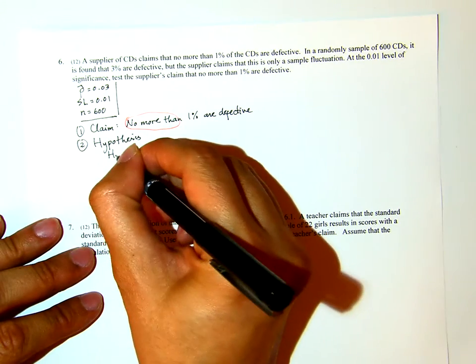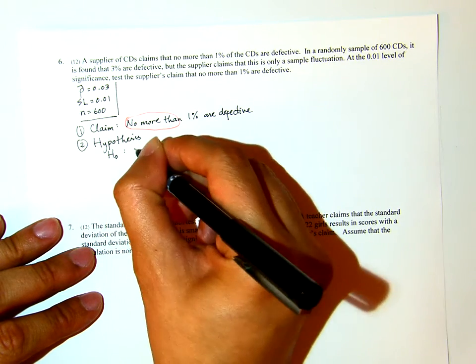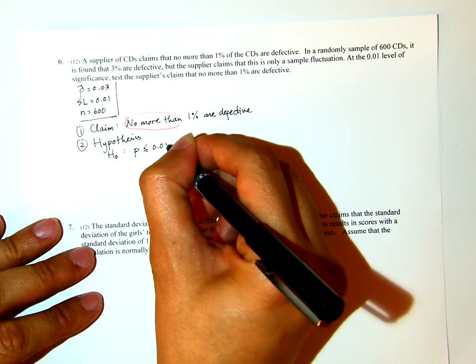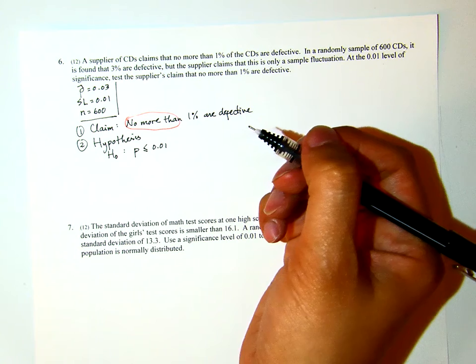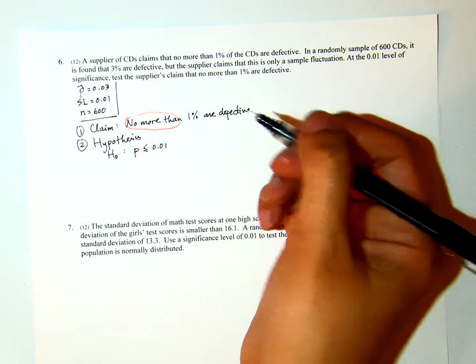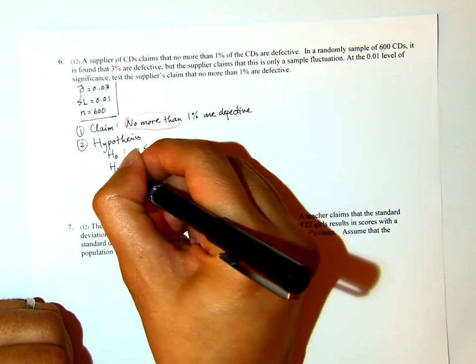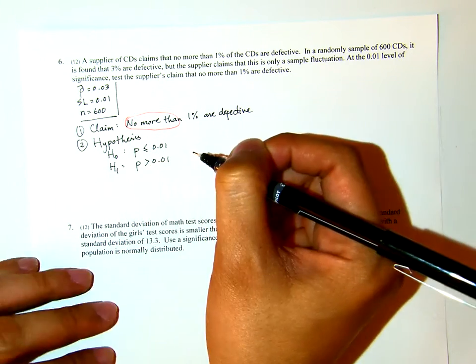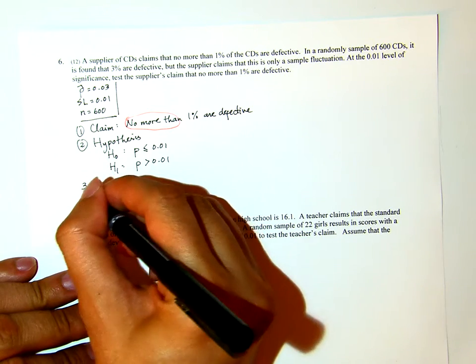The null hypothesis is p is less than or equal to 0.01, no more than, that's the one the claim says, and the alternate hypothesis is p is greater than 0.01. Now, let's move on with the test statistic.